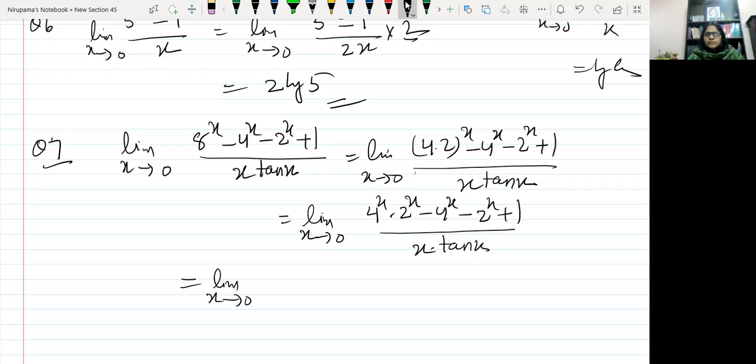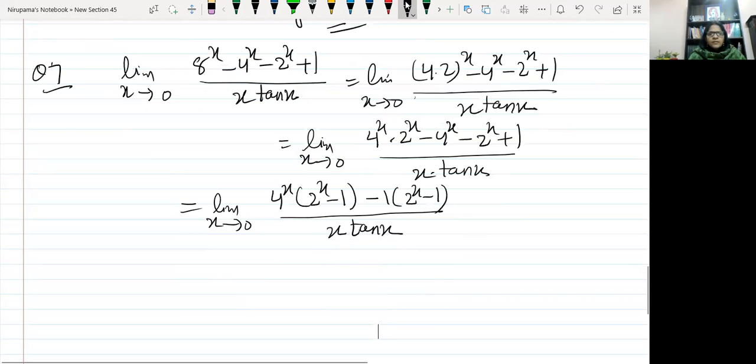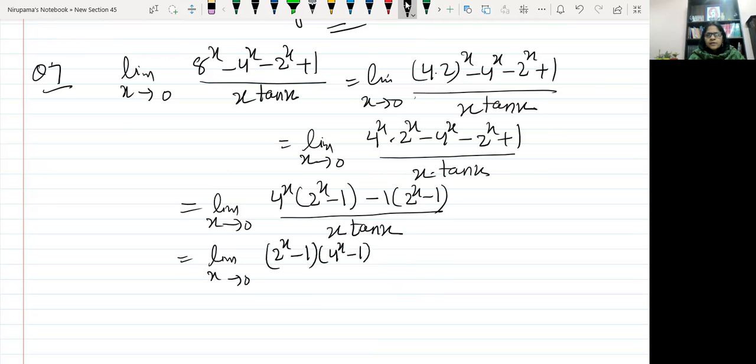If I write 4 to the power x common, (2^x - 1) minus 1 into (2^x - 1), divided by x tan x. Okay, so that is equal to limit x approaches 0, (2^x - 1) into (4^x - 1).